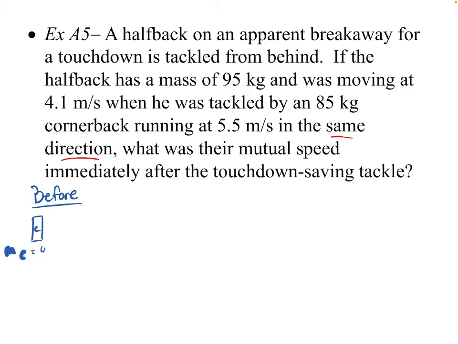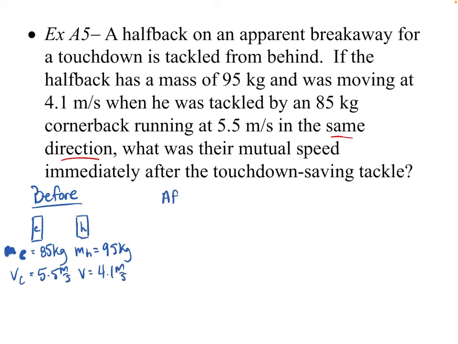So that's the cornerback. He's 85 kilograms, and he's going at a speed of 5.5 meters per second. And then we have the halfback. The mass of the halfback is 95 kilograms, and his speed is 4.1 meters per second.